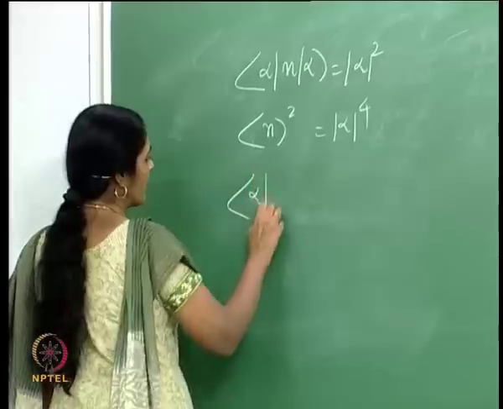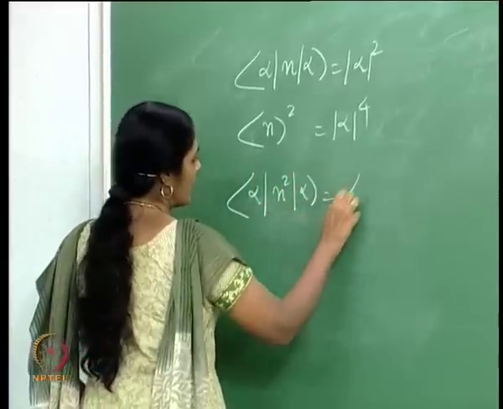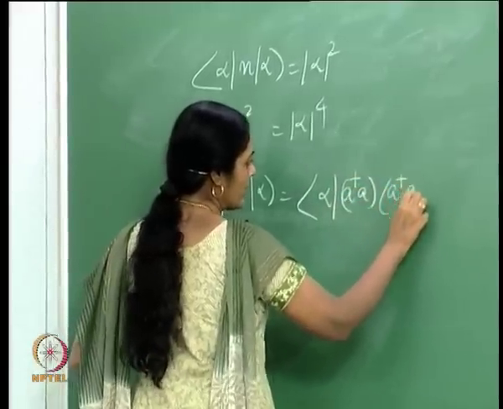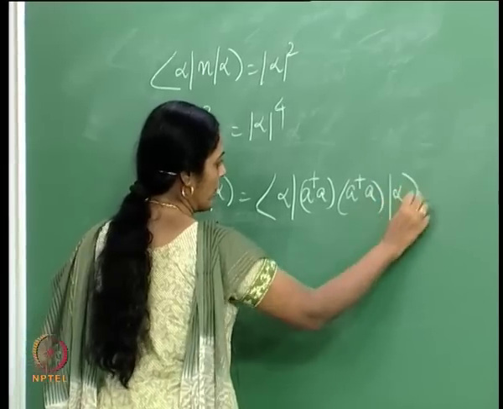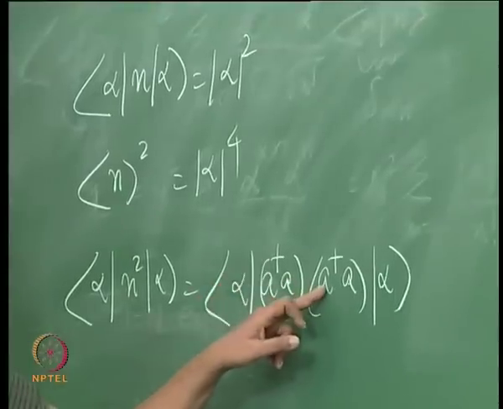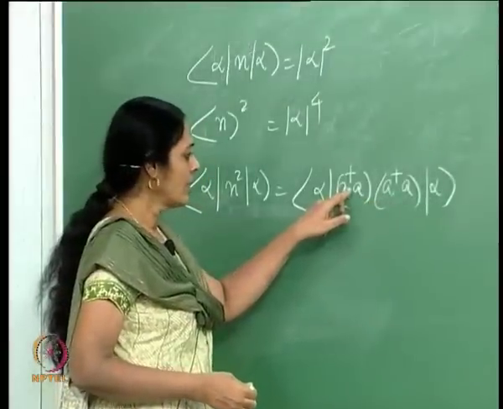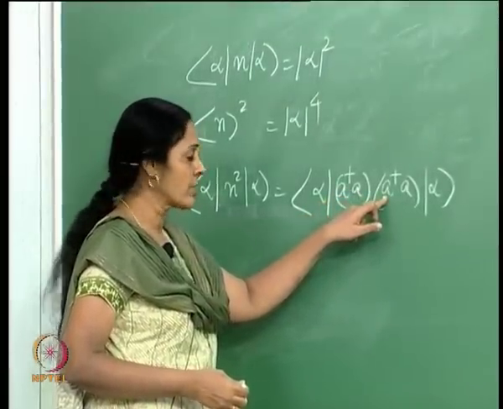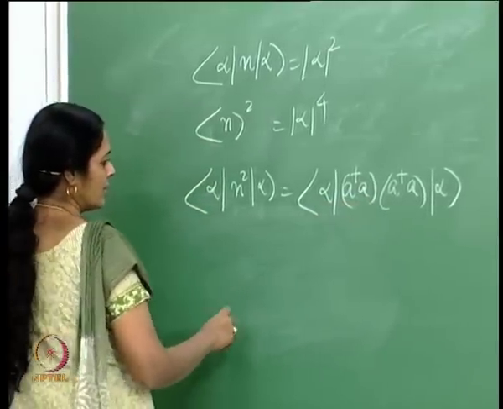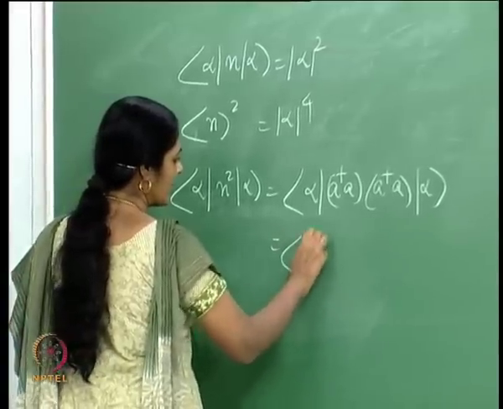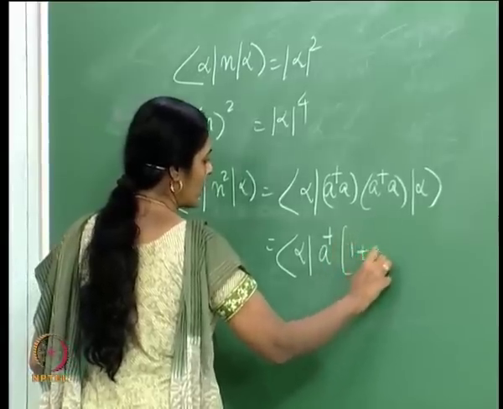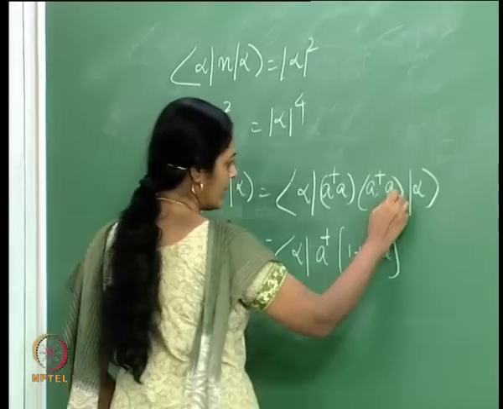I need to compute expectation n squared, but that is the same as doing this. N is A dagger A, and I should remember that there is a careful ordering that needs to be maintained here. This is quantum mechanics. I cannot write this as A dagger squared A squared. I cannot pull this across A, because I know that there is a non-trivial commutation relation between A and A dagger. They do not commute with each other. So, I could write this as alpha A dagger, A dagger is 1 plus A dagger A, and then there is an A from here.